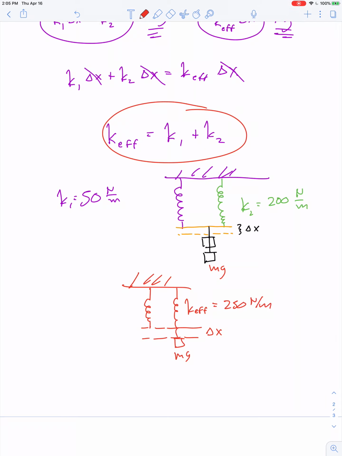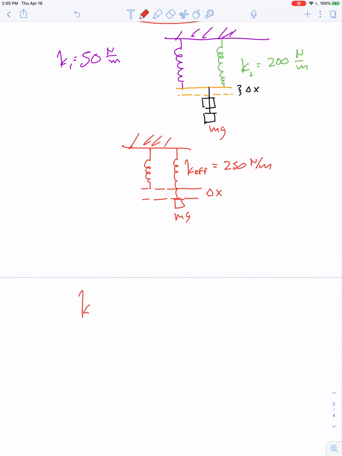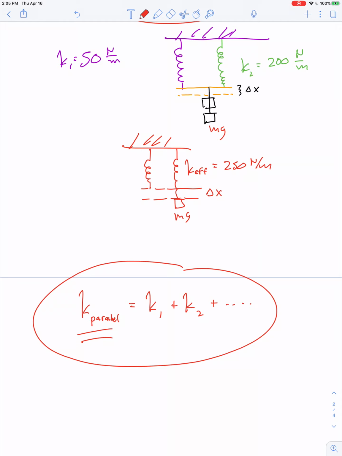So it couldn't be simpler. To find the effective k value for springs in parallel, we'll call this k parallel, all we have to do is add the k values of the two springs. And in fact, if you connected 3 or 4 or 5 or any number of springs together in parallel, the effective k value is just the sum of all the individual k values.